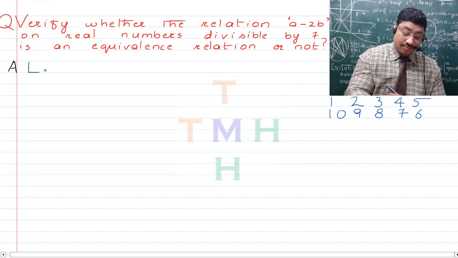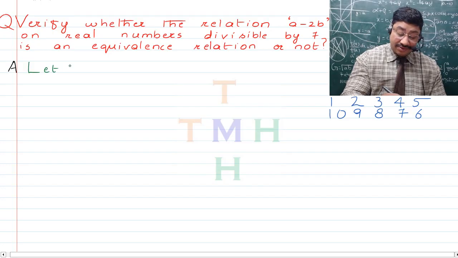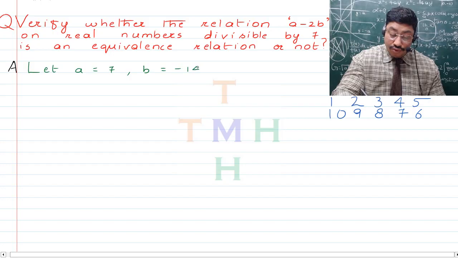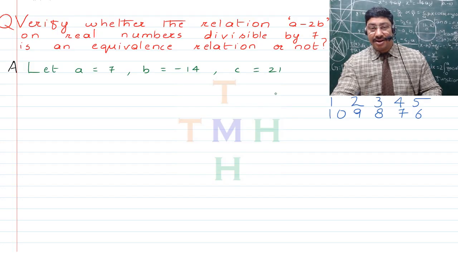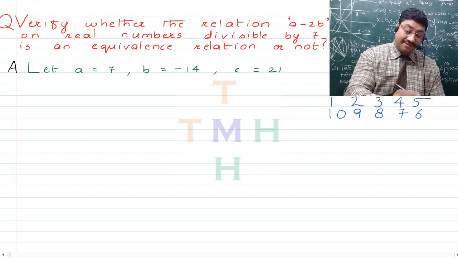Let us assume that, as you've got to show it to be divisible by 7, we will consider say a to be equal to 7, and let us consider b to be equal to say minus 14, and let us consider c to be equal to 21, right? So we have considered these three numbers randomly, but one thing has been ensured, that they are all already multiples of 7.